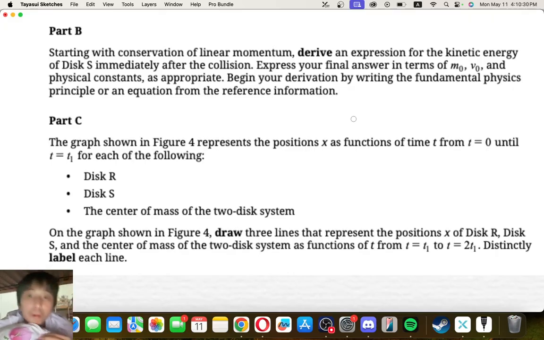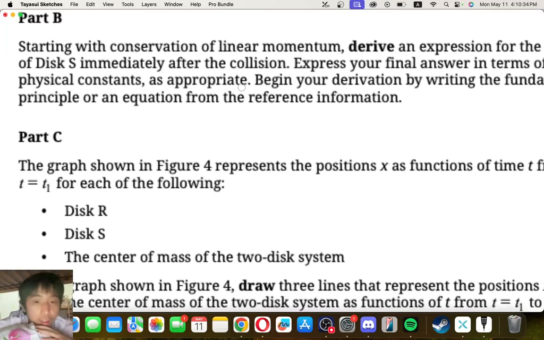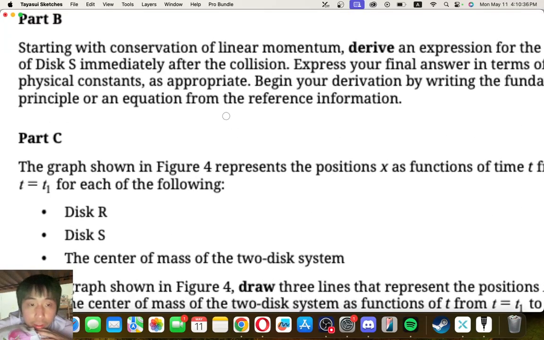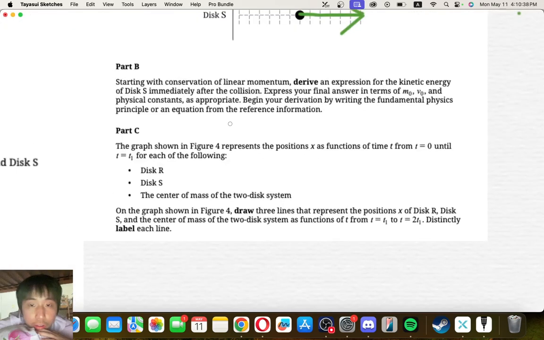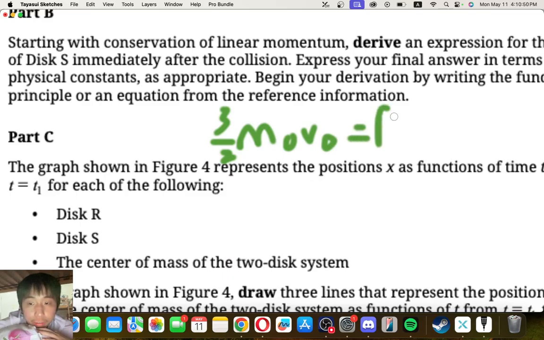Okay. So, like I showed earlier with my work, 3/2 MOVO was the momentum of S final.